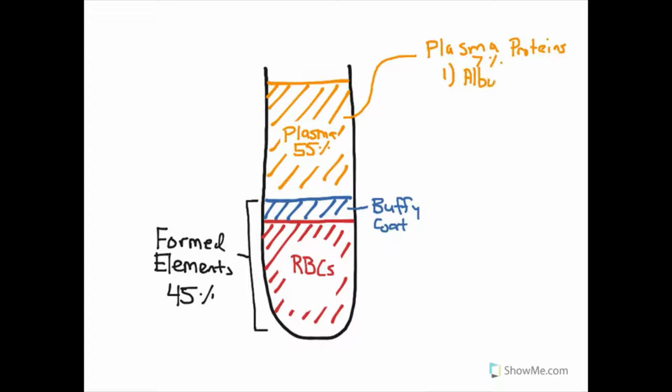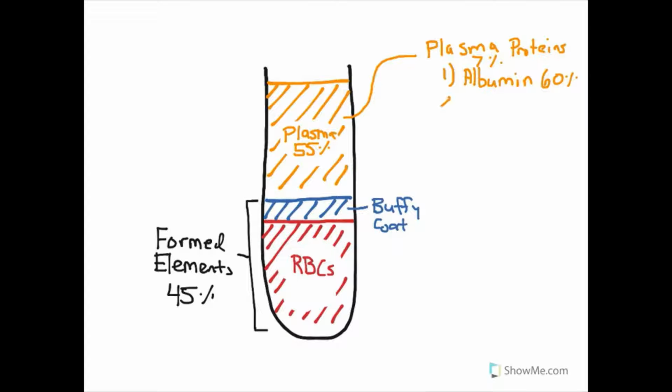Of plasma proteins, albumin is 60%. It contributes as a transport protein, and it produces the blood colloid osmotic pressure, things like that.